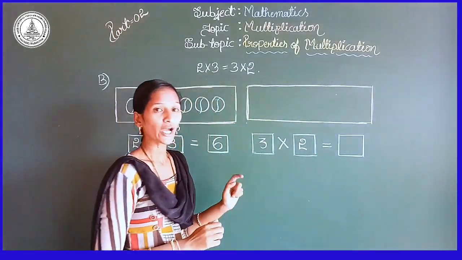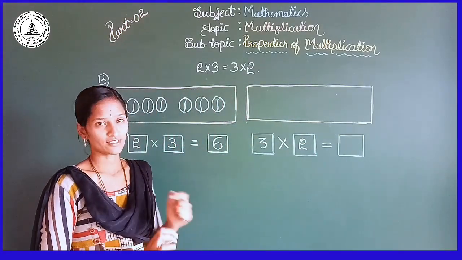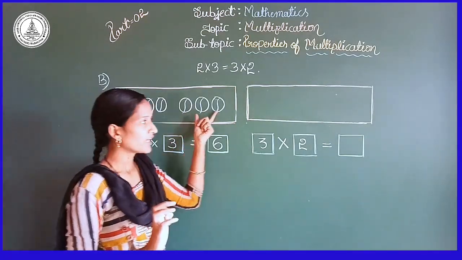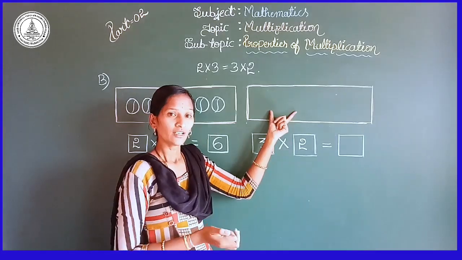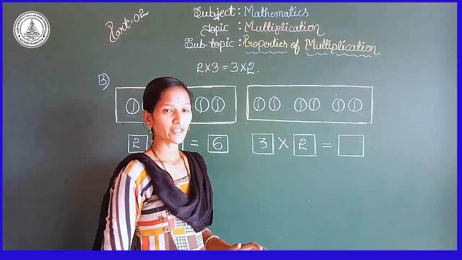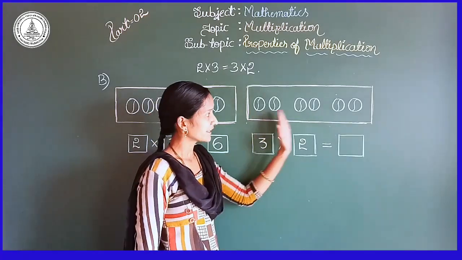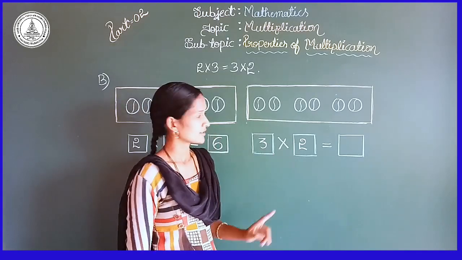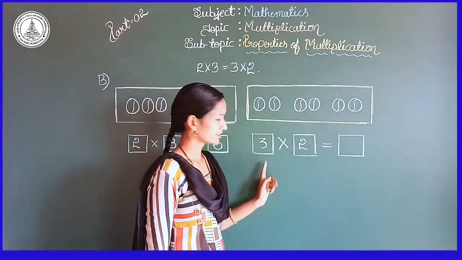Here you have to draw a set of balls. In the first set we draw 3 balls, but in the second case you have to draw 2 balls. So my dear students, here are 3 sets of balls and each set has 2 balls. The total number of sets is 3 here.